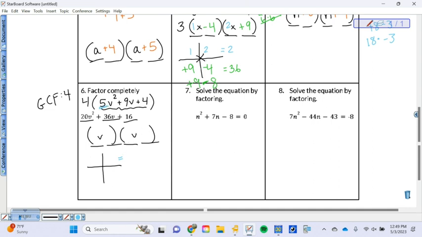What are my factors of 5? 5 and 1, that's it. So I'm definitely going to use 5 and 1. That gives me 5. What does my last times last need to equal? 4. What are my factors of 4? And?